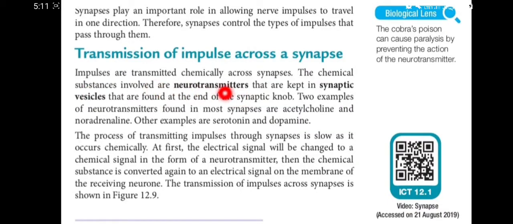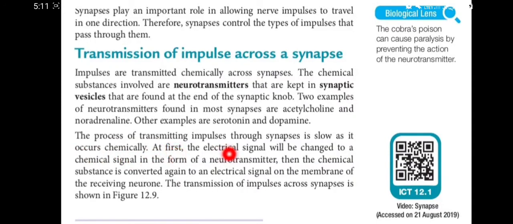Neurotransmitters are kept in the synaptic vesicles that are found at the end of the synaptic node. Two examples of neurotransmitters found in most synapses are acetylcholine and noradrenaline. Other examples are serotonin and dopamine. The process of transmitting impulses through synapses is slow as it occurs chemically.